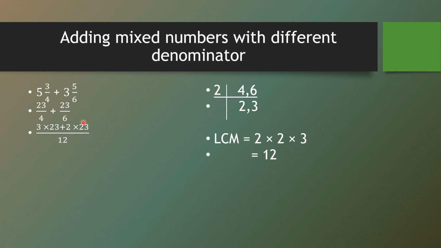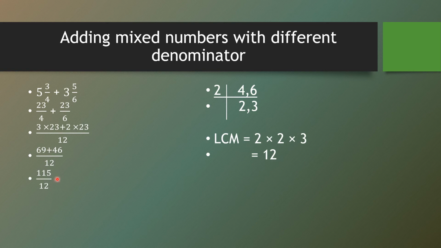Now we will solve this. Always do multiplication first. 3 multiply 23 is 69, plus 46 by 12. Now we will find the sum of these numerators. 69 plus 46 equals 115 by 12.